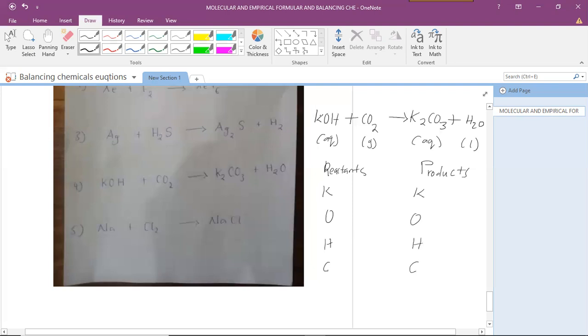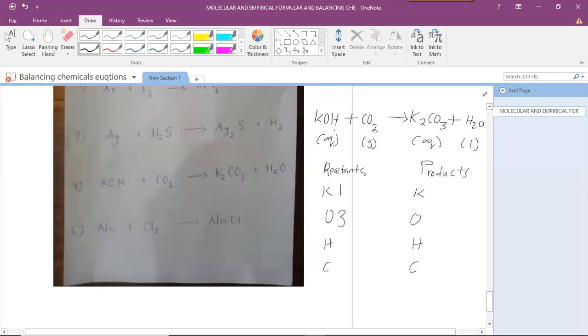How many potassiums do we have? 1. Excellent. How many oxygens do we have here? 2. What about this one? 1. Plus 2, so it's 3. 3 oxygens in the reactants.